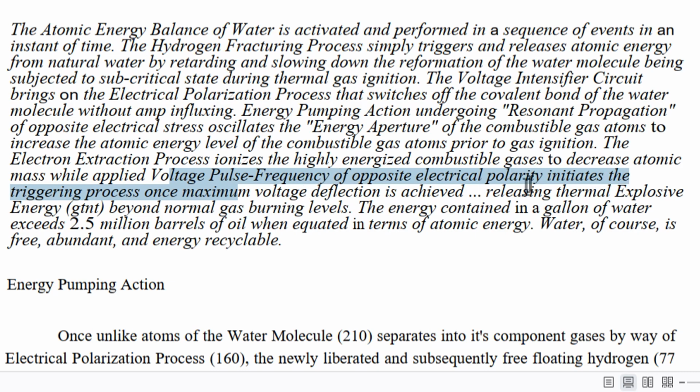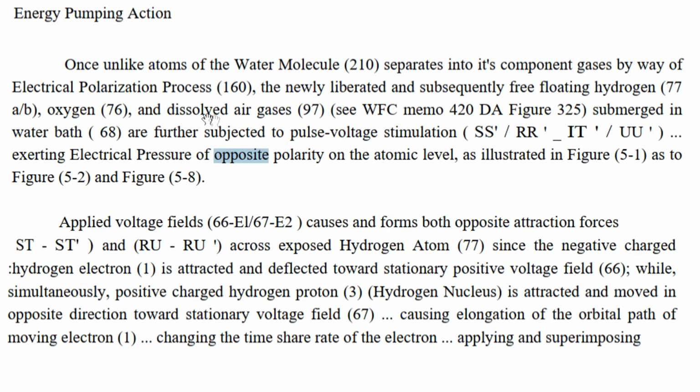So we're talking about once you pull the molecule apart with the EPP process, and then you raise the energy level through additional chambers, and then you actually fracture the molecule itself, you can then trigger the explosion also with equal opposite polarity pulses. Energy pumping action here.